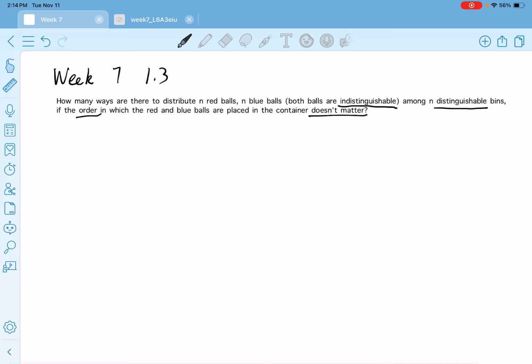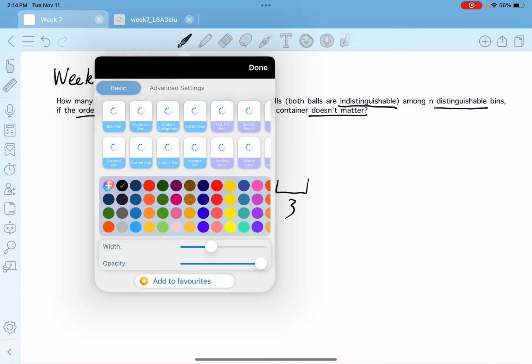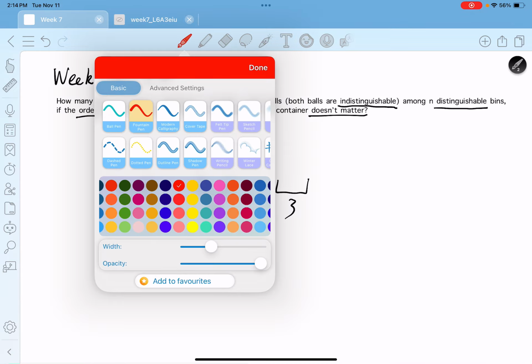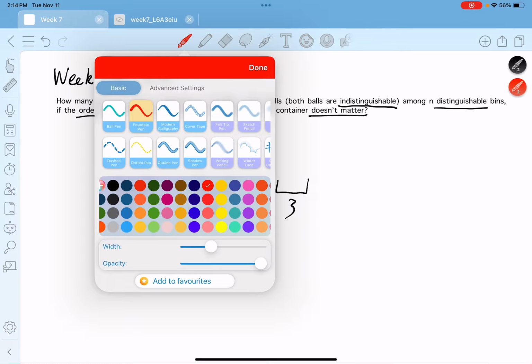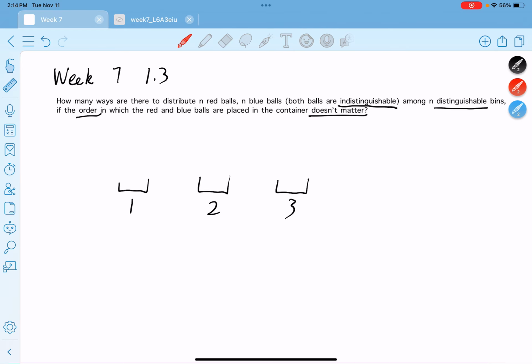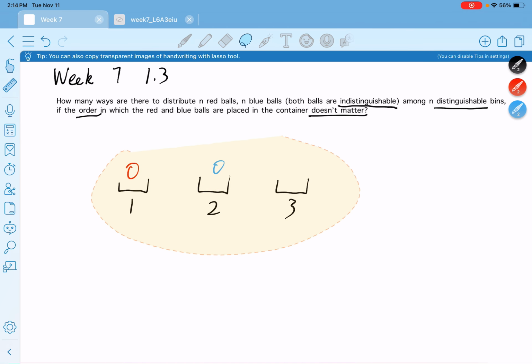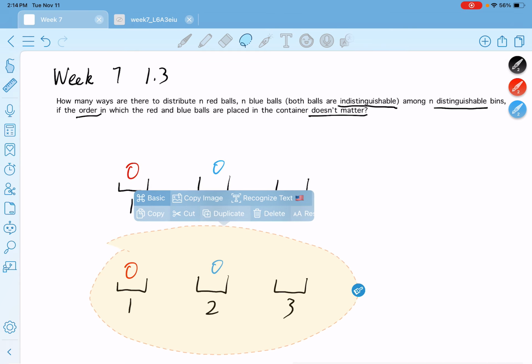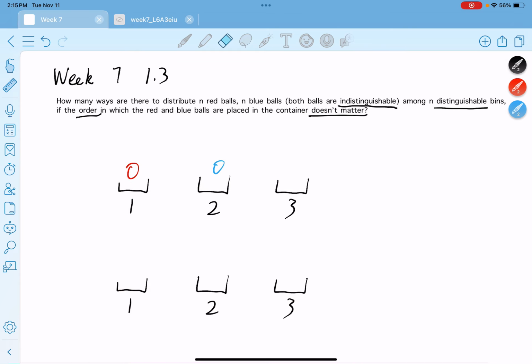For the bins, for example, we have bin 1, bin 2, and bin 3. If the bins are indistinguishable, and we have one red ball here, one blue ball here, and nothing in bin 3, it is equivalent to one blue ball in bin 1 and one red ball in bin 2.